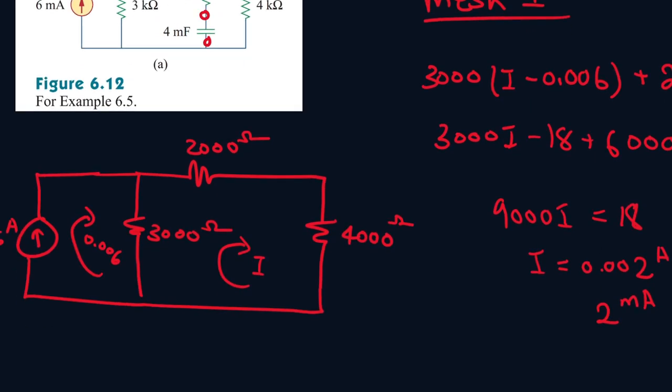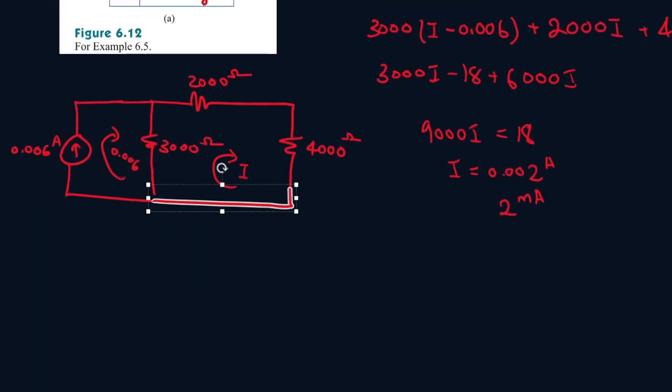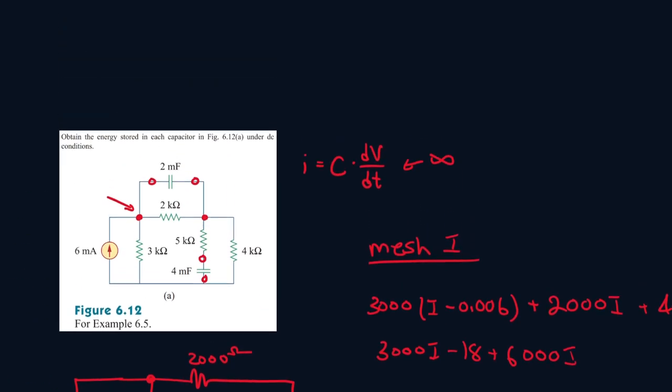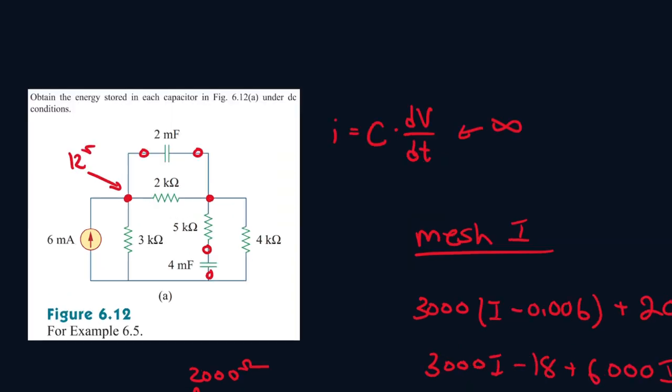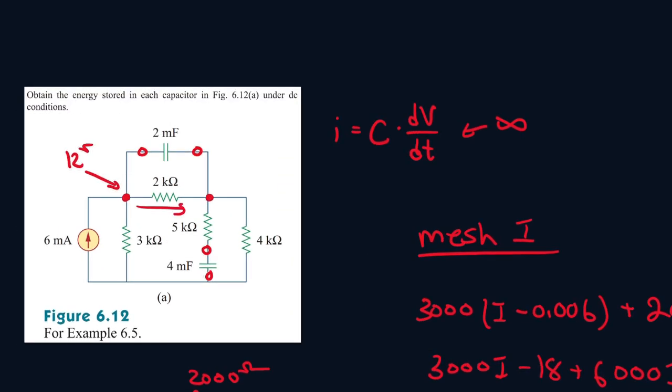So we can just look at here. Let's find the voltage at this region. So it'll be 3000 times (0.006 minus I), where I was 0.002. So we get, let me see what I get. We get 12 volts here. Okay, so that means the region at this point will be 12 volts. Now, as the current passes through here, our voltage drops.